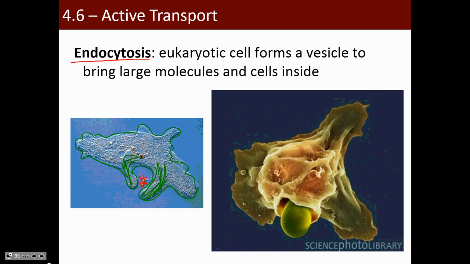And it's going to pinch around until it actually forms a vesicle, and it's going to engulf those food molecules into the inside of the cell. That's endocytosis. This is actually a white blood cell, and this is a bacterium. And so it's actually surrounding and engulfing the bacteria. And that is also endocytosis, moving something to the inside. Both of those are active processes.